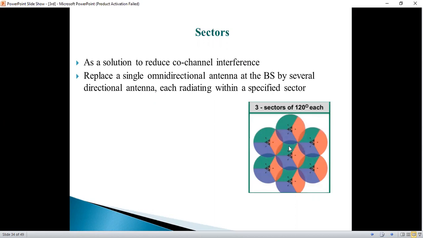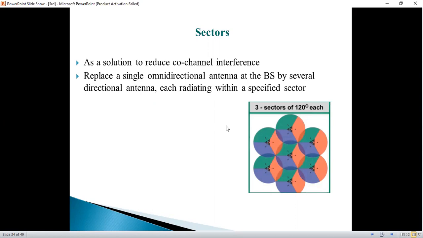We have divided our geographical area into cells, and we have placed a base station inside the cells, and through that base station we are provided with coverage. Now, since we were facing interference, the nearer the co-channel cells are, the more interference there will be, right?